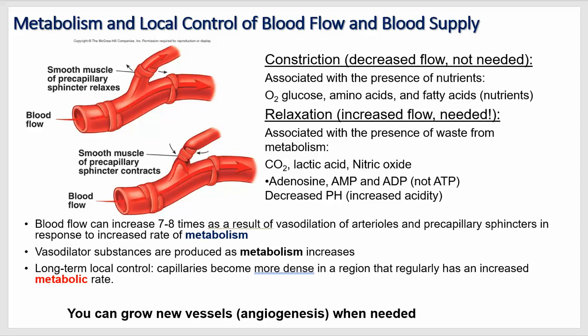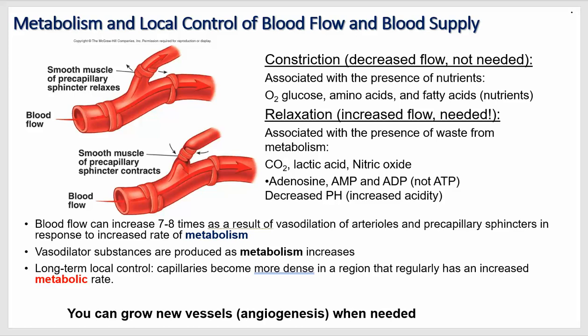Everything needs a blood supply all the time, so we're talking about capillaries. So everything needs a blood supply, but how much blood is kind of a waste if you're sending a lot of blood to an area that has enough blood supply.